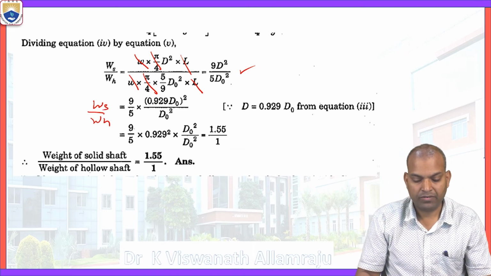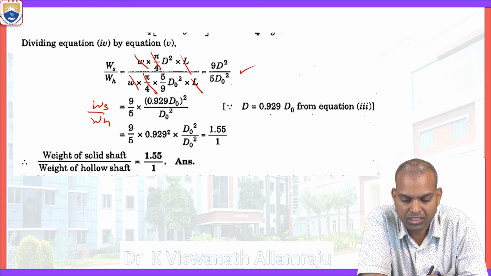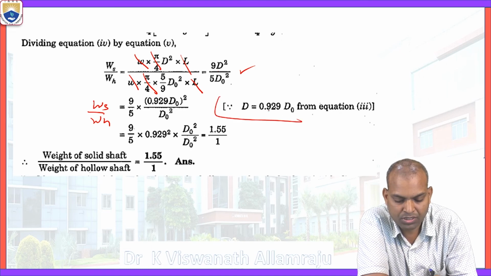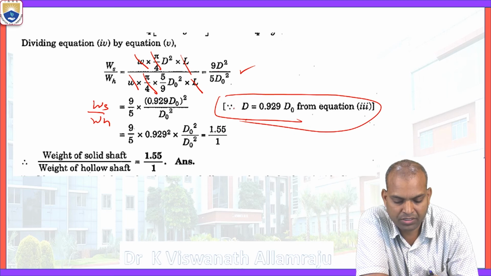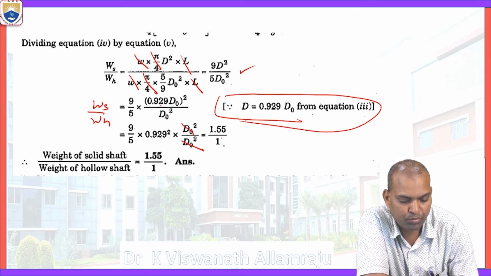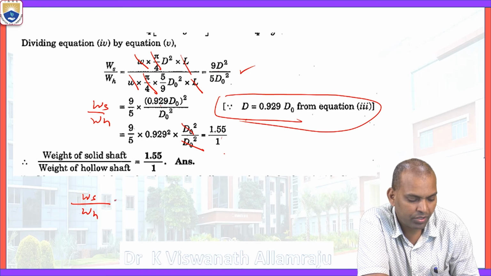Now we already found what is the d value. The d equal to 0.929 times d naught. Substitute here in the place of d with this value 0.929 times d naught. Then after simplification, we'll get the ratio, that is 1.55. Weight of solid shaft to weight of hollow shaft is 1.55.